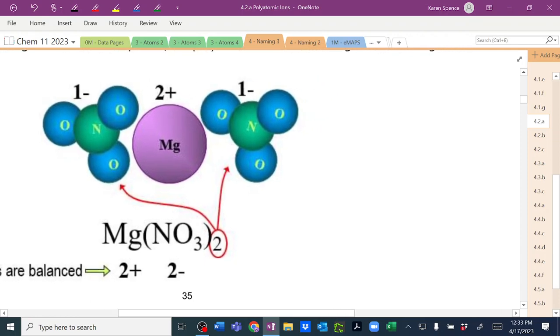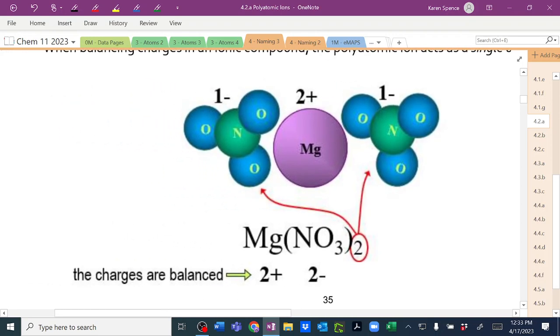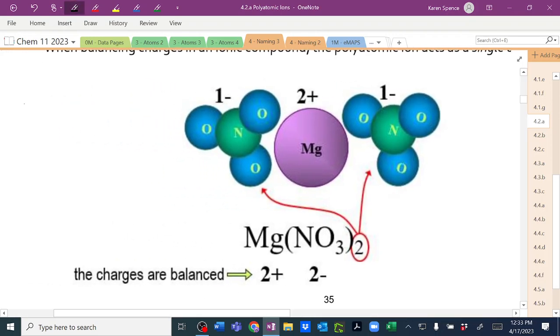Okay, so there's a couple of takeaways from this particular compound here. And the first one is that all compounds are neutral. They have a net charge equal to 0.